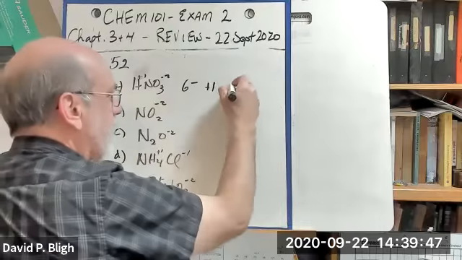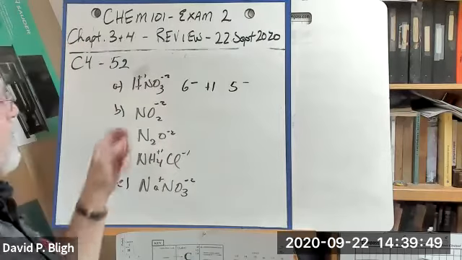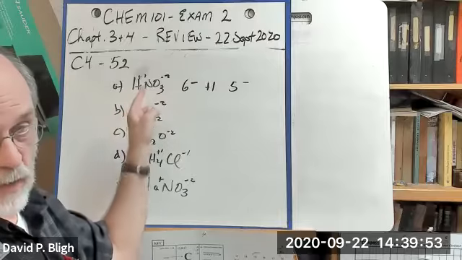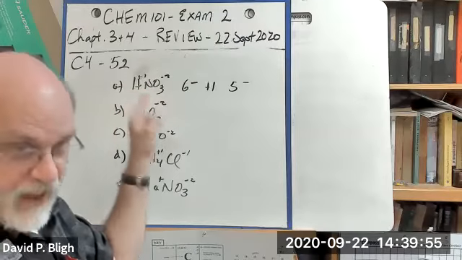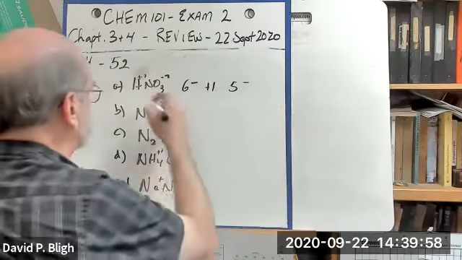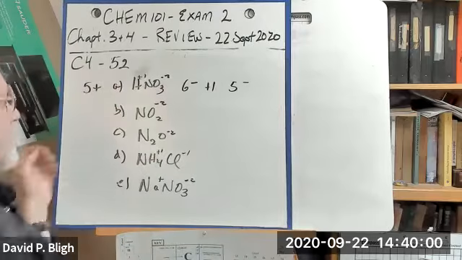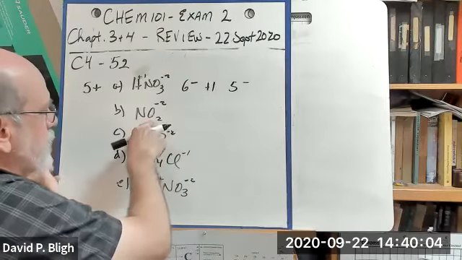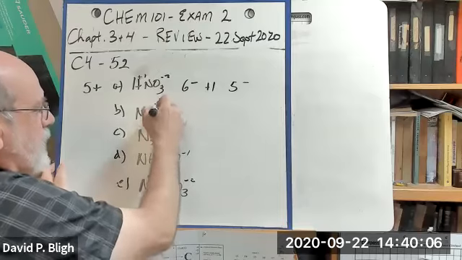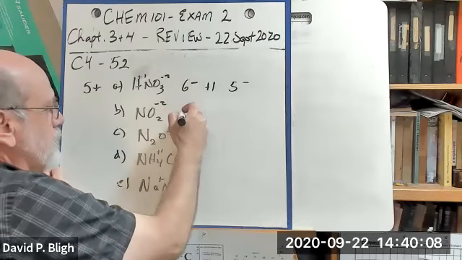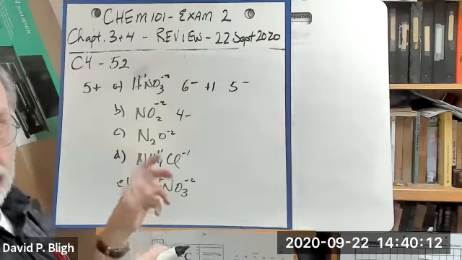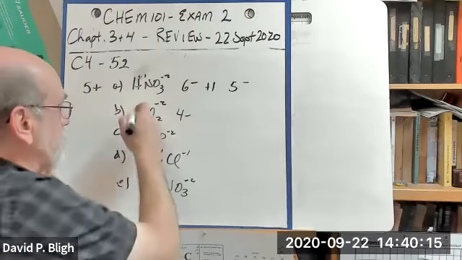So that's a 5-. That means nitrogen has to balance 5 minuses with one atom, which makes it 5+ oxidation state. Okay. So that's not the one. This one is NO2. 2- times 2 is 4-, and nitrogen has to balance all of those with 1, so it's a 4+.